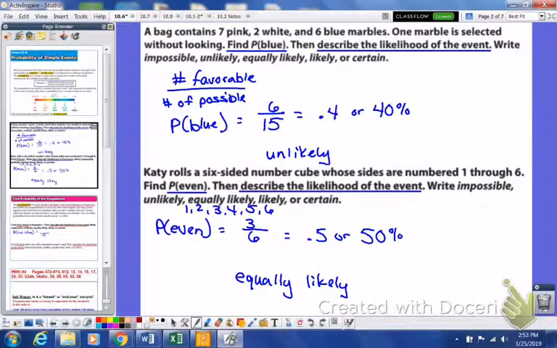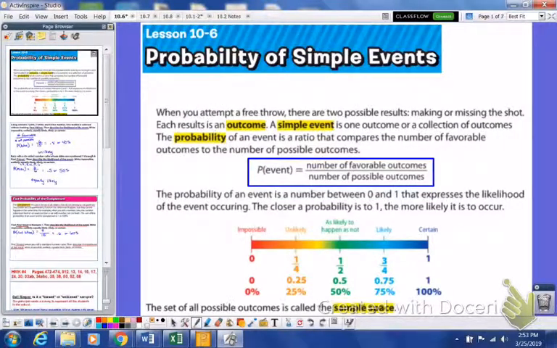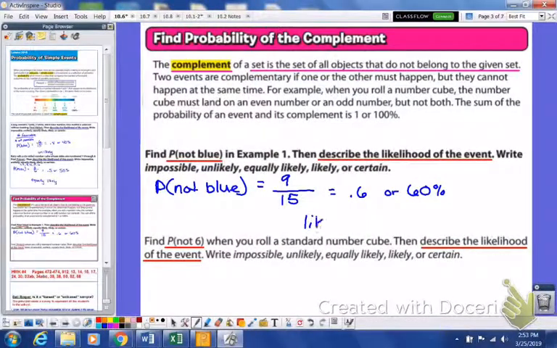We have 7 pink and 2 white. So there are 9 ways that it would not happen, which divides out to 0.6 or 60%. And if you flip back to our graph here, 60% is going to fall up here. So that would be likely.